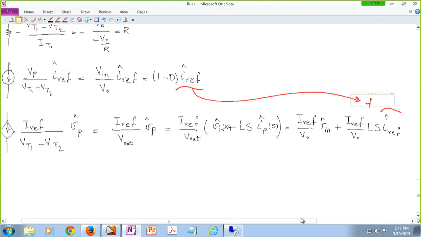So let me actually add them up over here. So now I'm adding 1 minus D times IREF perturbed, plus the second term that I got from the second dependent source of current, which is IREF over V out times L times S times IREF perturbed.